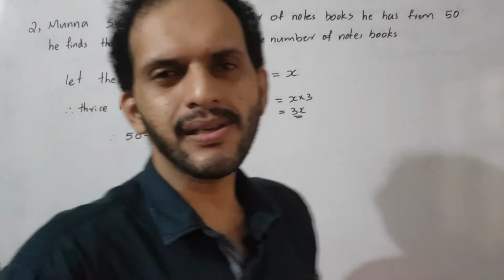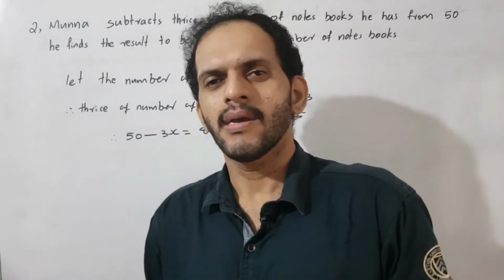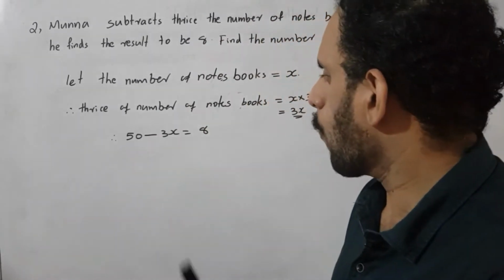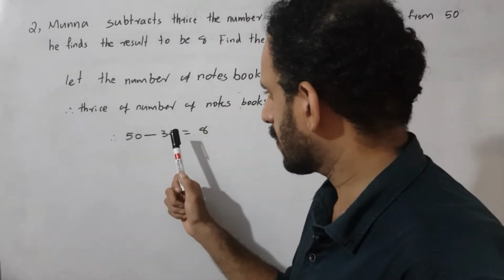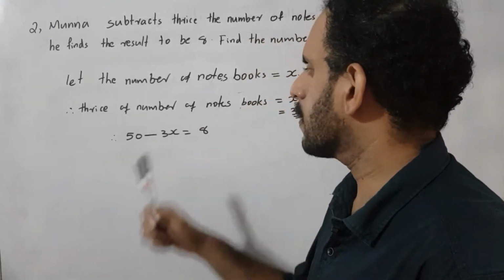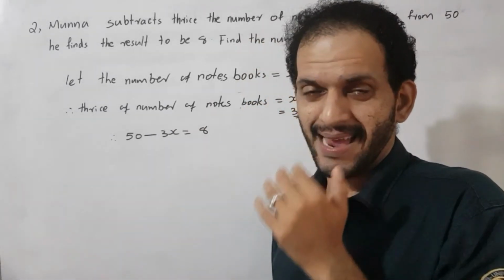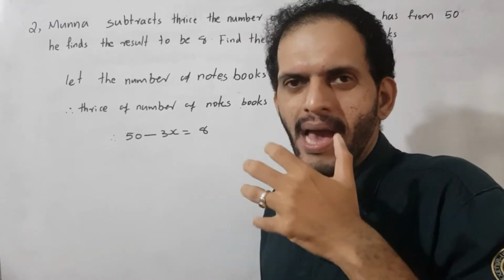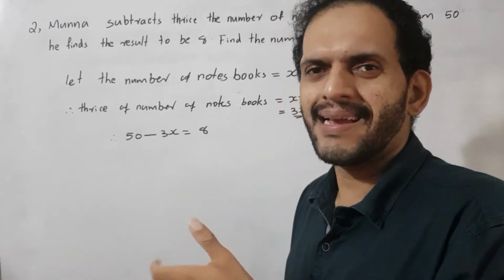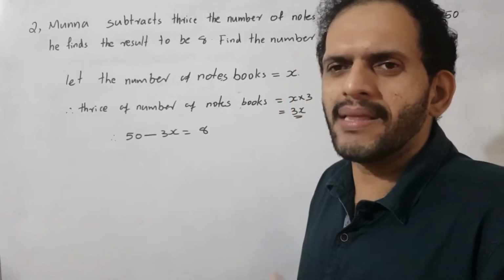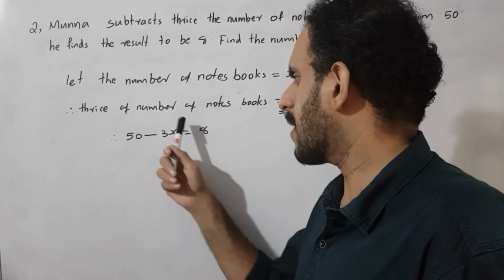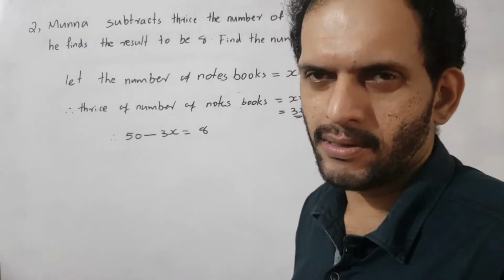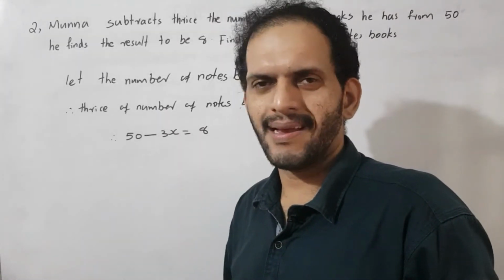Here we have a little change. What is the change? In this equation, the variable-containing term comes as the second term, correct? But in the previous cases, we always got the variable-containing term as the first term, not as the second term.